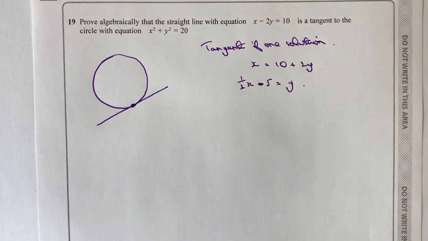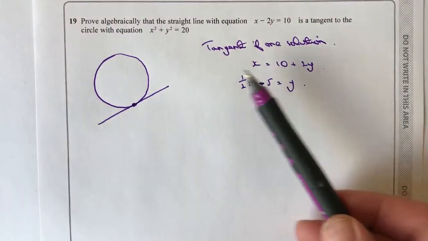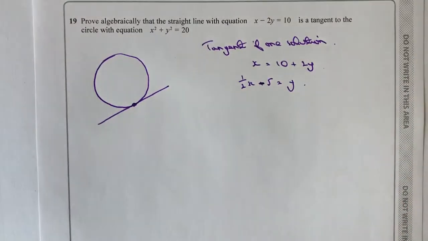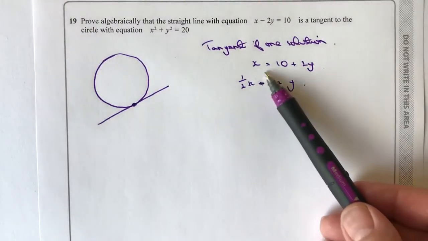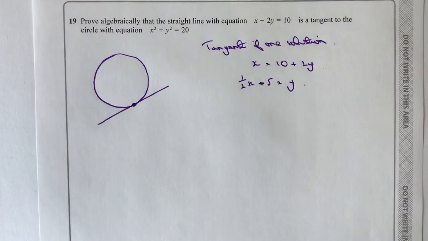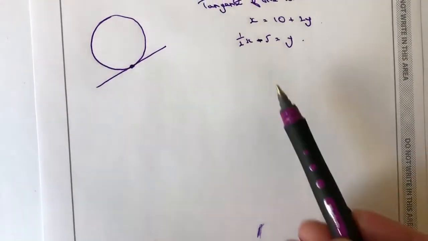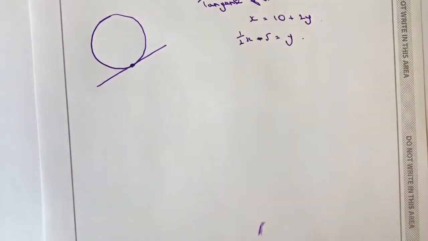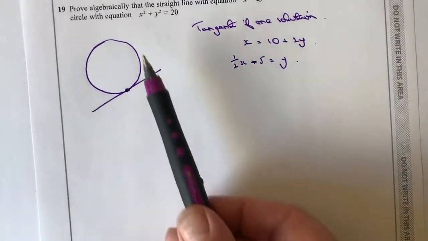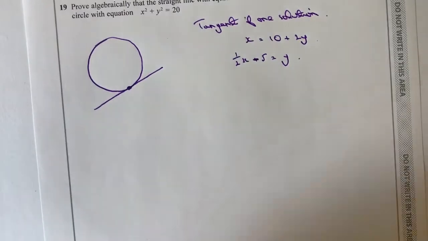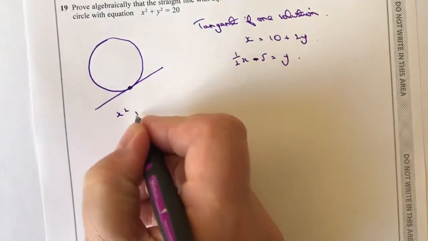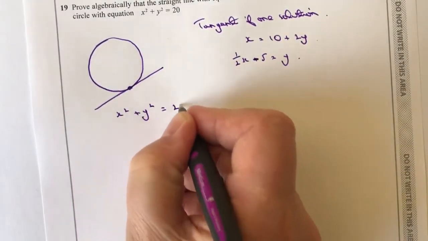Now what I'm going to do is take this value of x and plug it straight into this equation. The reason I've done this will become clearer later on, but at least it's going to give me the ability to calculate my values. So let's have a look at substituting this value of x into the equation at the top. I know that x squared plus y squared equals 20.